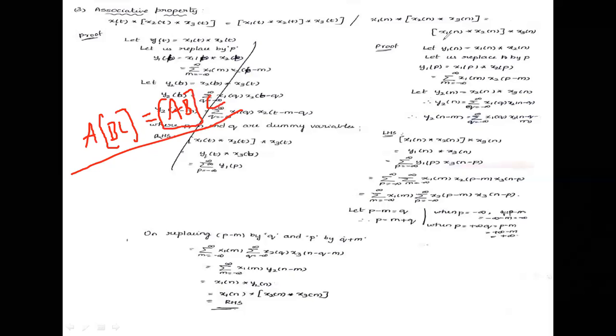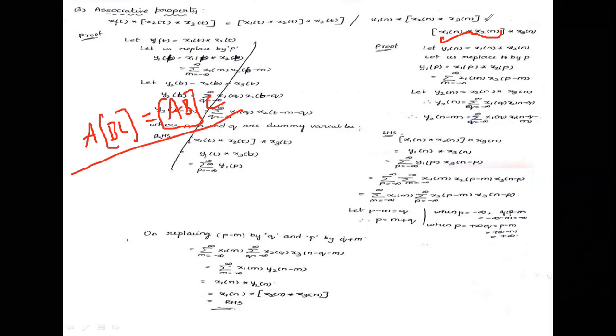Within the parentheses, assume that y1 of n. So y1 of p, and let us replace the n by the p also. y1 of p is equal to x1 of p convolution with x2 of p.